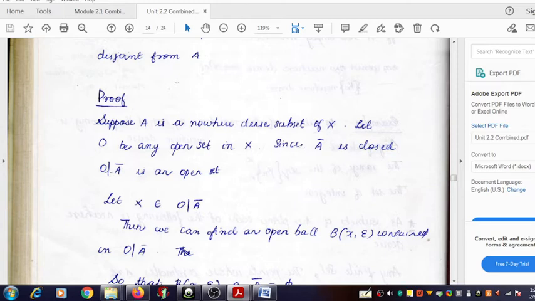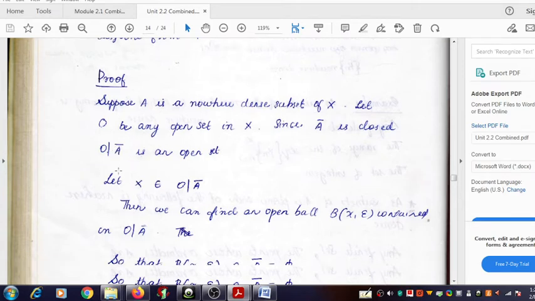So from O we are removing all the members of the closure of A. Since the closure of A is closed, O minus the closure of A will still be open. From an open set we are removing members of a closed set, so O minus closure A is open. It's an open subset of X, open in X.